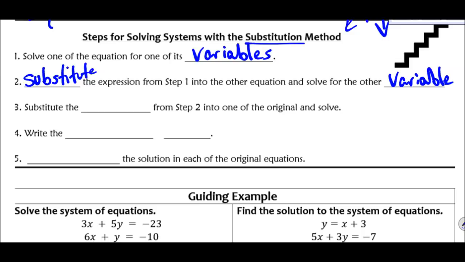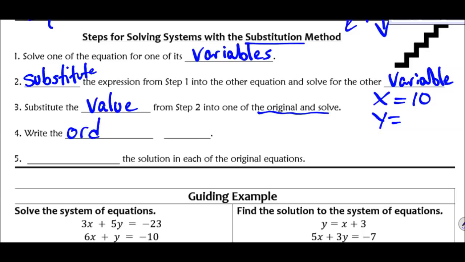At this point, we'll have something like x equals 10. We'll take that value, substitute it back into either of the original equations, and solve for the opposite variable. This helps us solve for whatever the y is. We're going to write that as an ordered pair.